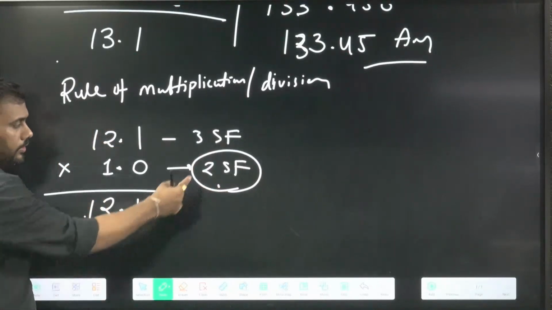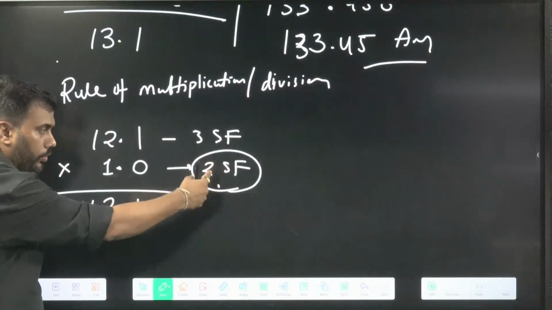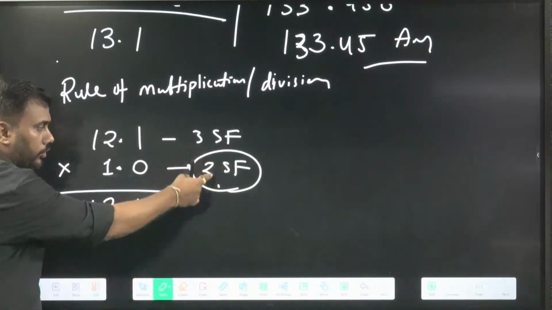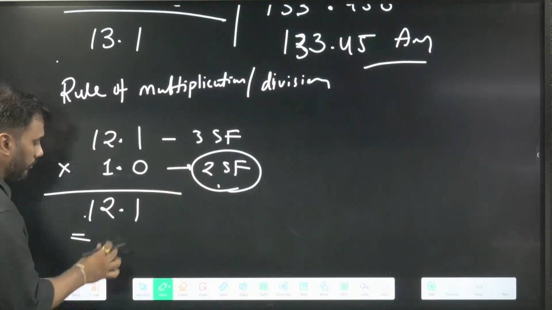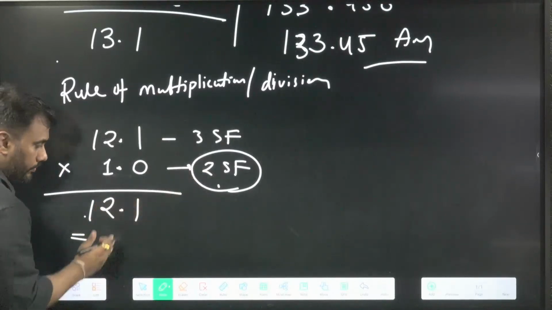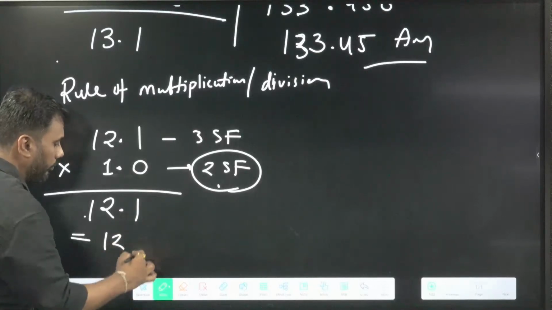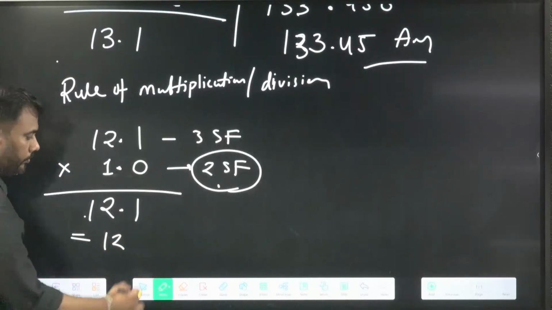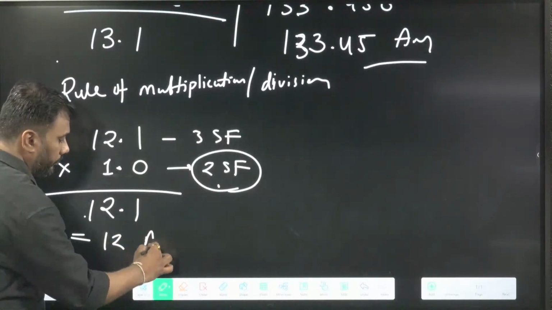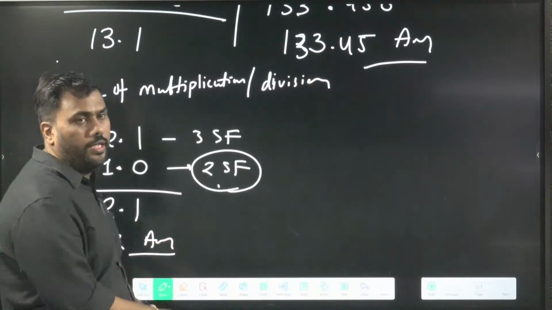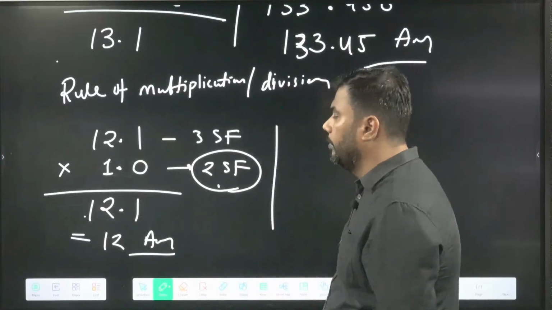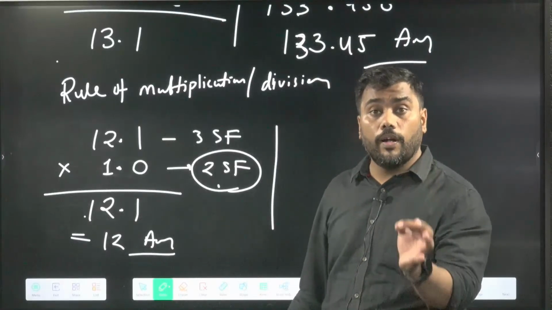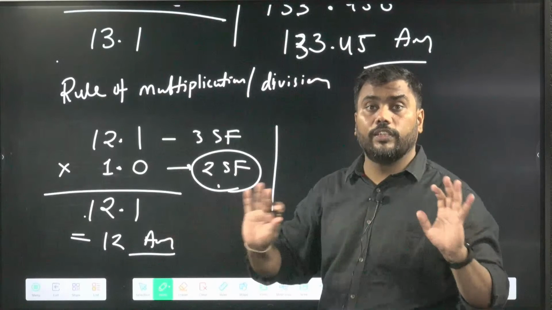Change your answer so that it contains only 2 significant figures. For 2, remove this one. So the answer should be 12. For multiplication or division, we should observe the total number of significant digits.